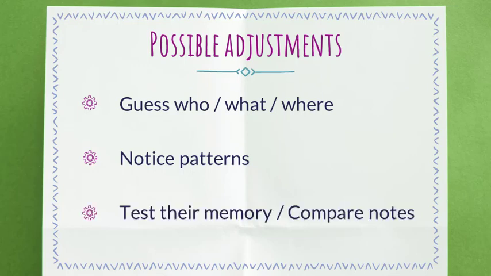And one final possibility could be to test their memory, see how much they remember from the 3 stories they heard, or to compare notes with a classmate who heard the same story. Remember that one student is telling that same story 3 times. So there are 3 classmates who heard a version of that story. And so they can compare notes and see how much those versions match.